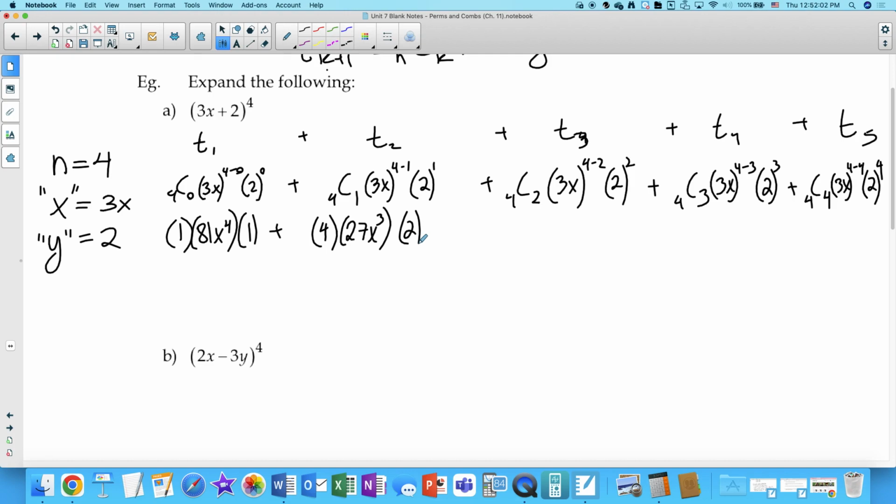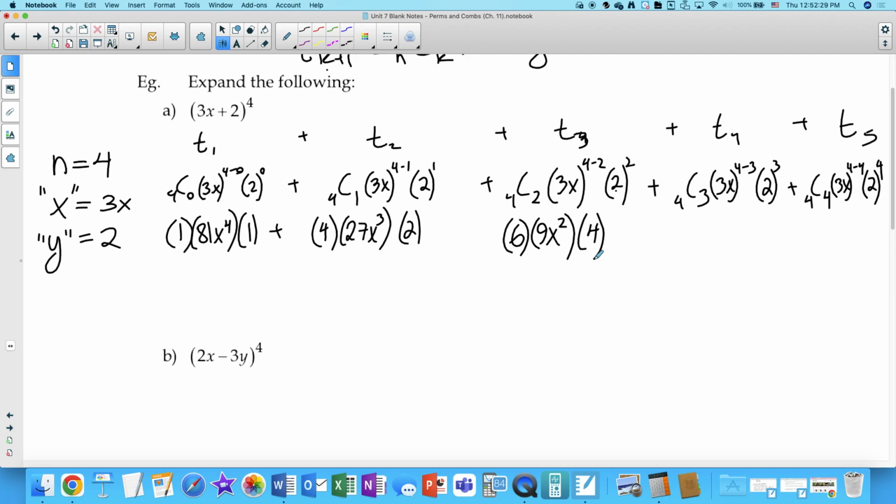Yes, 6. And again, look, I'm doing this in my head, but you can do it on a calculator, right? You can do the 4 choose 2 part on your calculator. You don't have to memorize those. You don't have to do them in your head. This will be 3x squared, so that works out to be 9x squared altogether. And then 2 squared is 4.